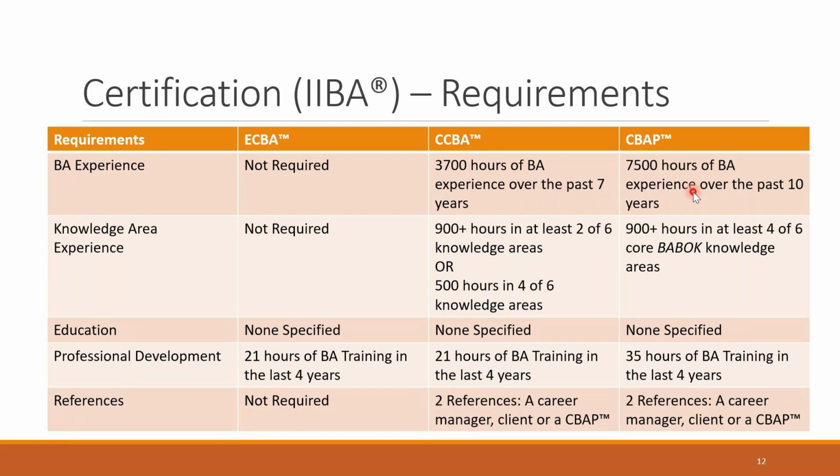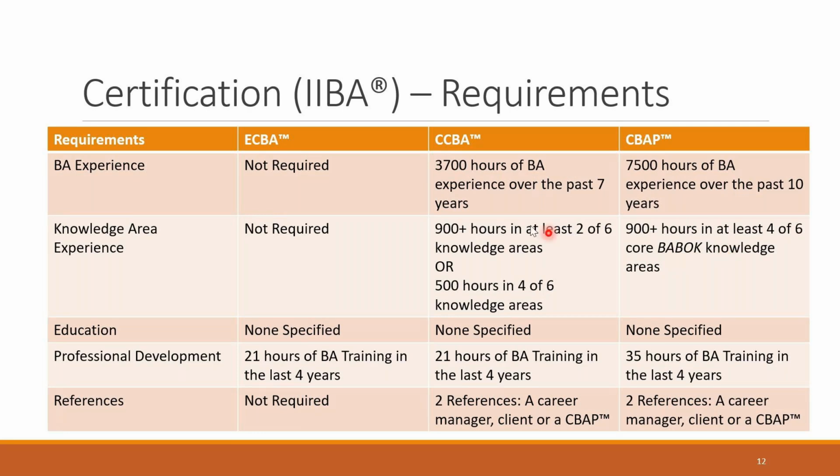Then when you register with IIBA, whether for ECBA, CCBA or CBAP, there will be a BABOK guide given to you. The BABOK knowledge guide usually has 6 core areas.